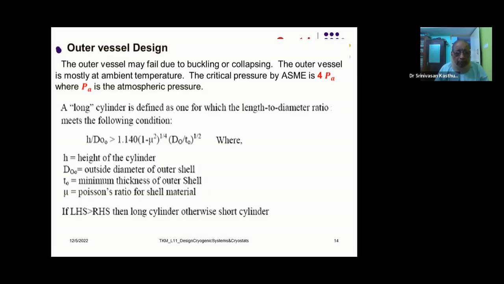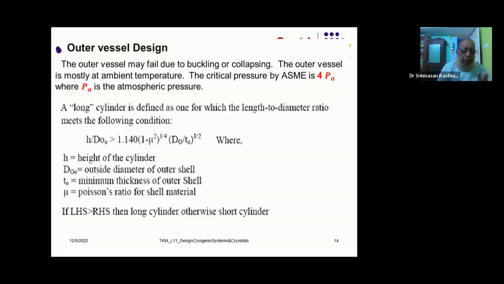Now again, for calculating the wall thickness, you need to know whether it's a long cylinder or a short cylinder. A long cylinder is defined as one for which the length to diameter ratio meets the following condition: H divided by D0 is much greater than 1.14 times (1 minus mu squared) to the power 1/4 times (D0 by T0) to the power half.